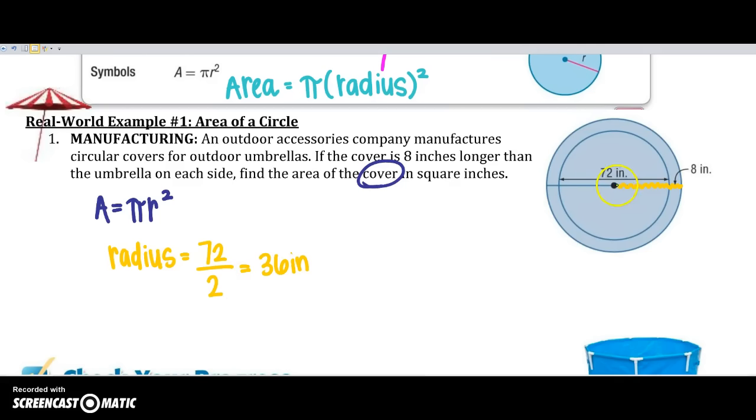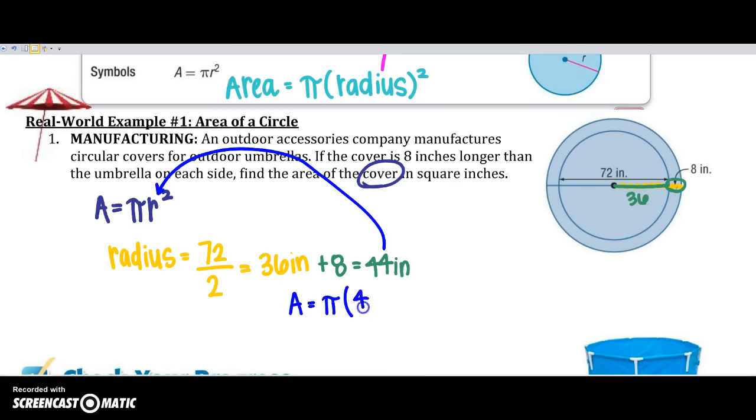So this half of the umbrella is 36 inches, but I can't forget that little 8-inch part that overlaps, so it covers that umbrella. So my radius is actually 44 inches. So when I get my radius, I can now plug it into that equation. A equals pi times 44 squared.